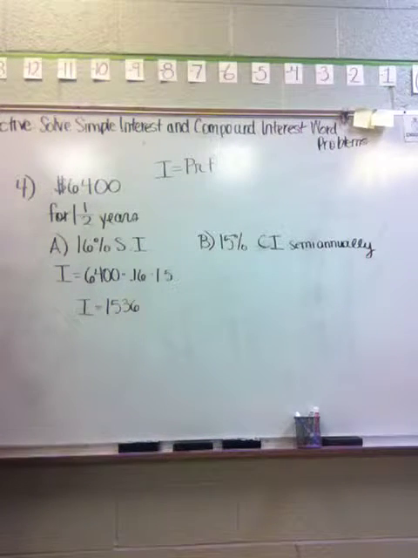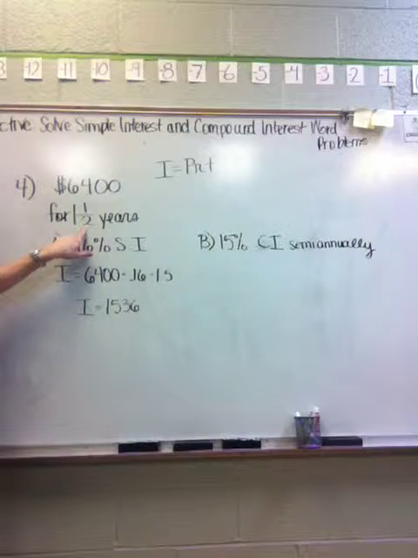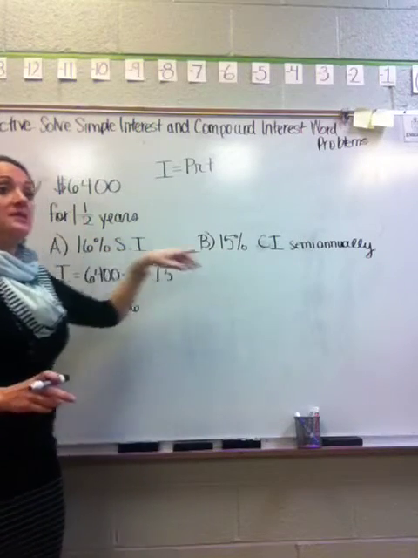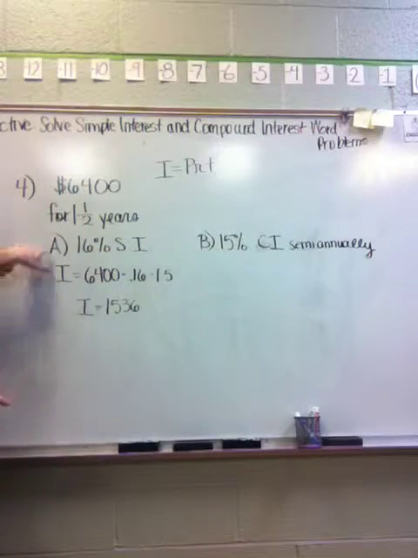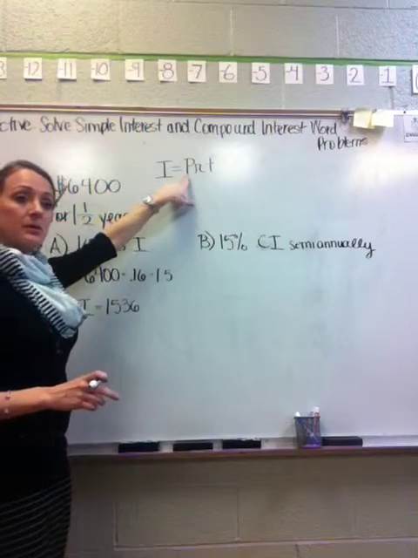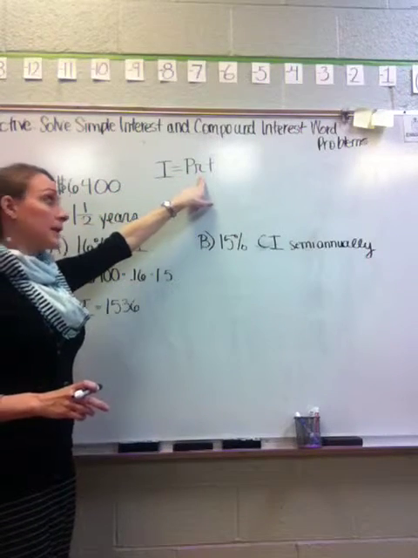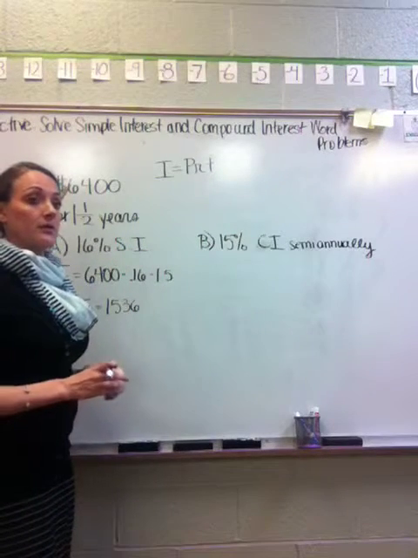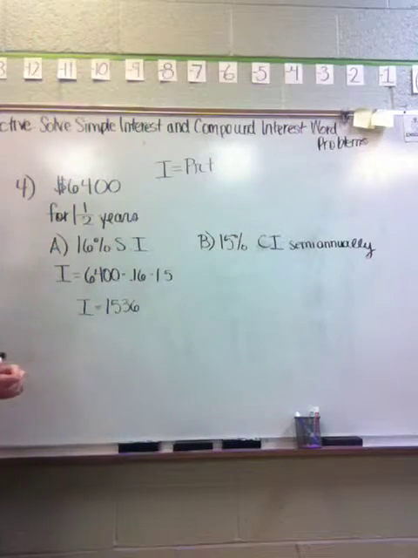Because this is semi-annually over here, and this is just simple interest. Simple interest is the principal times the rate, times the time, which in this case is 1.5. Does that make sense? 1536. I put a 15 instead of a 16.